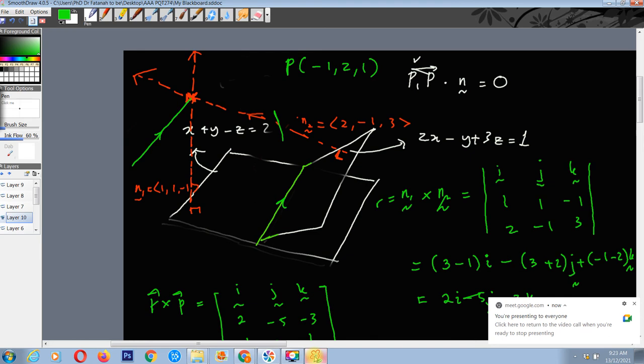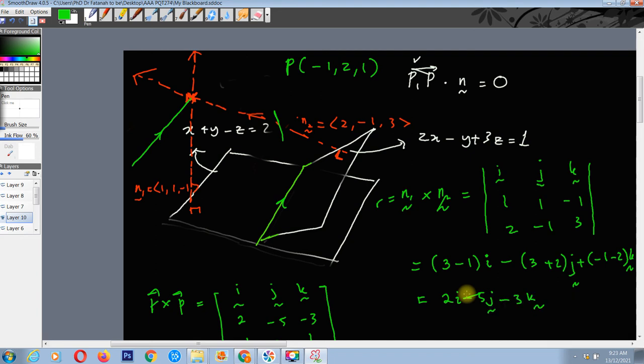If the question said the plane is perpendicular to the XYZ plane, we just take this as a normal. But now the question only says that it passes through the line of intersection.